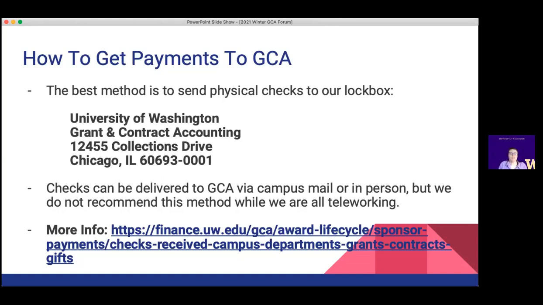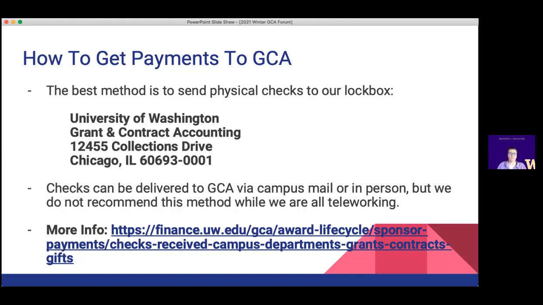One thing we noticed is that folks are trying to send payments using FedEx or an overnight service. The thing that's kind of funny is that the lockbox is this huge complex, and they don't have a receptionist or people in there.